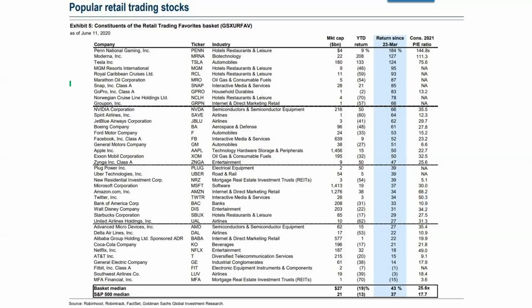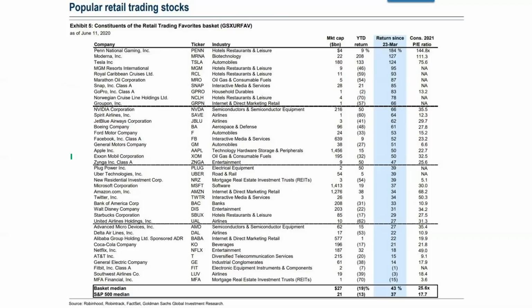And what is the reason for this phenomenon? Well, we'll talk about that a little more. But I will let you look at this list, but you'll notice that most of the stocks in this list are the most washed out names that have declined the most as the result of the economy being shut down.